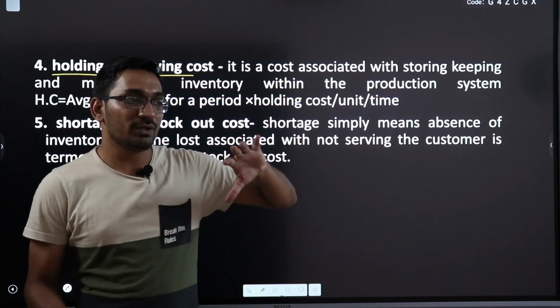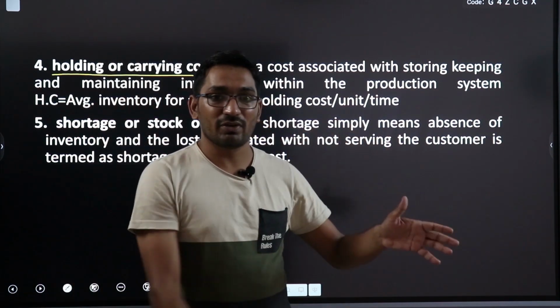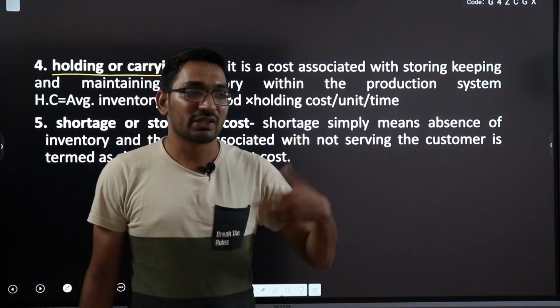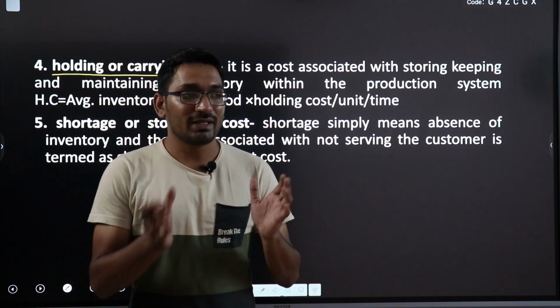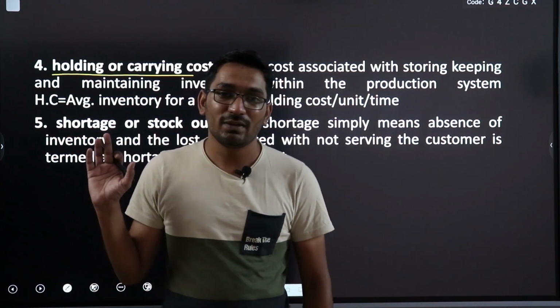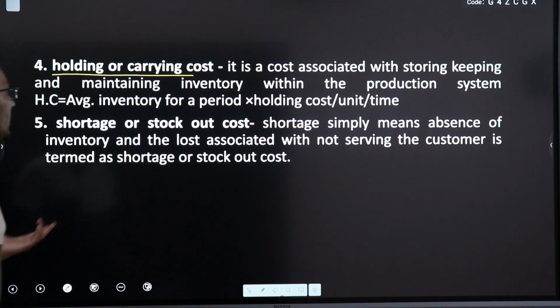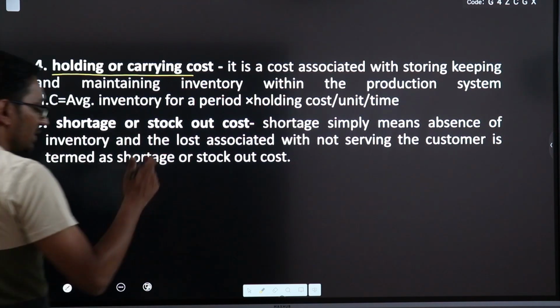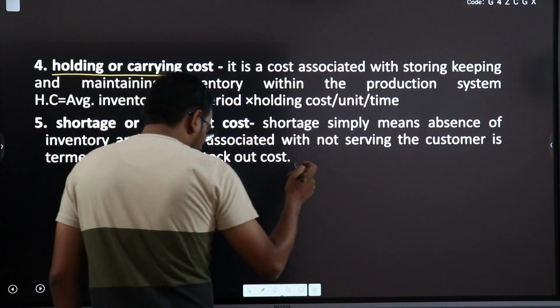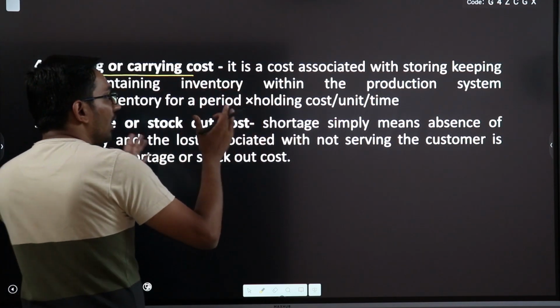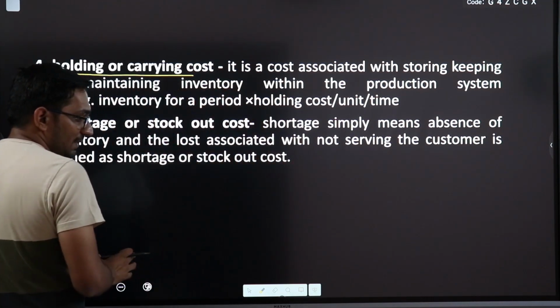Then depreciation cost, right? With time depreciation will be there, so that depreciation cost will be included in the holding or inventory cost. So we can say that the holding or carrying cost is associated with holding or maintaining that inventory.